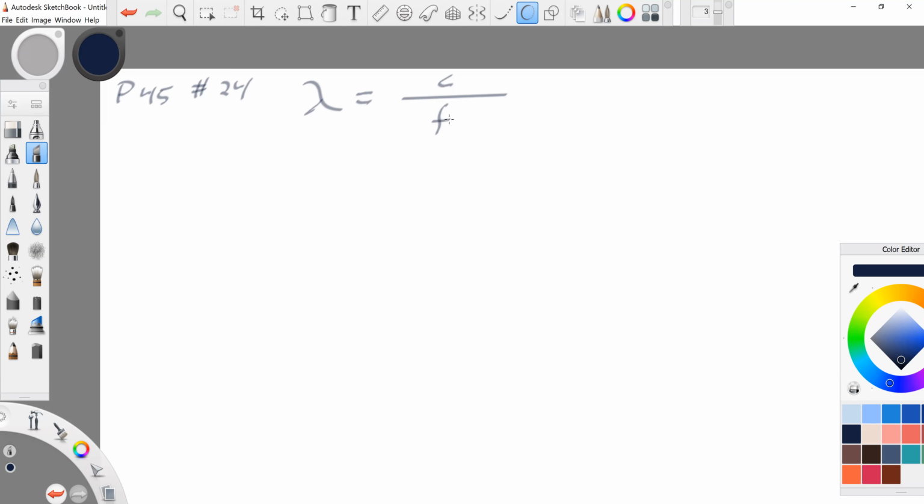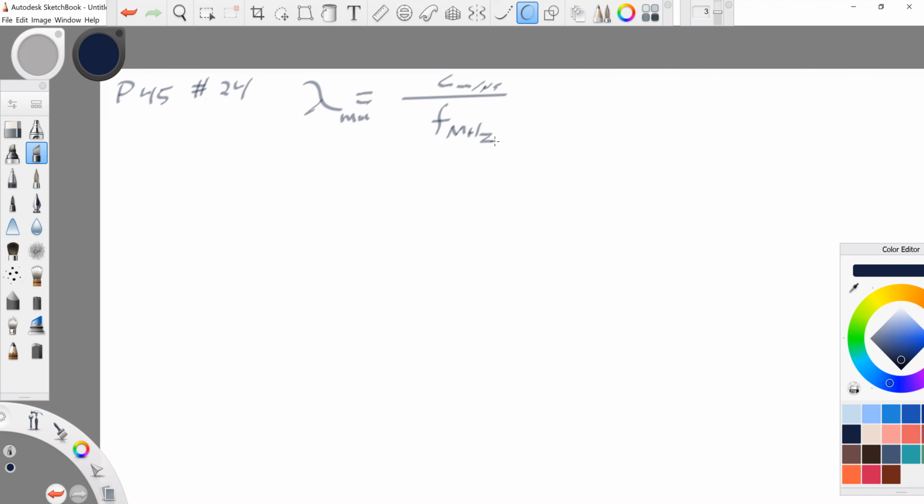Let's put units back in there: wavelength in millimeters, speed of sound in millimeters per microsecond, and frequency in megahertz. Okay.